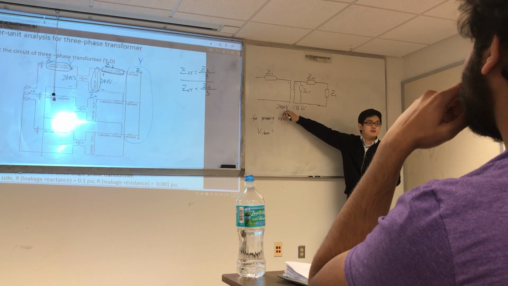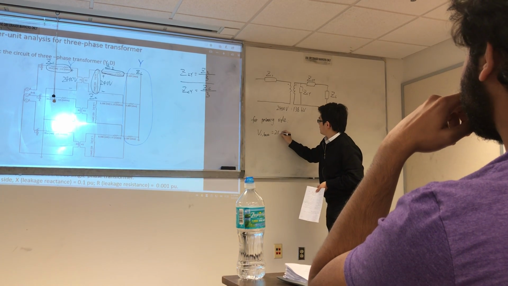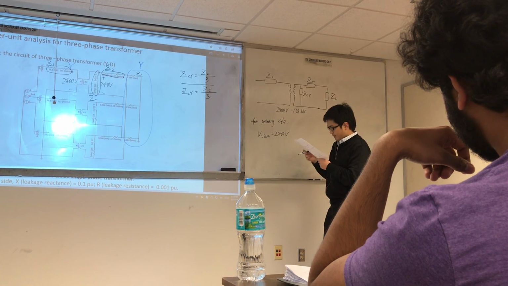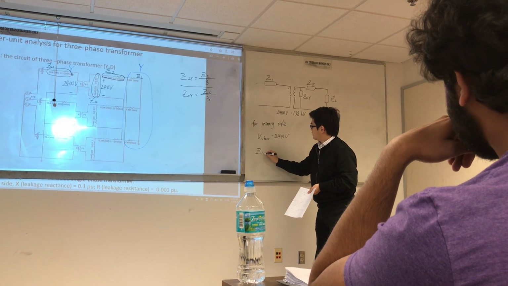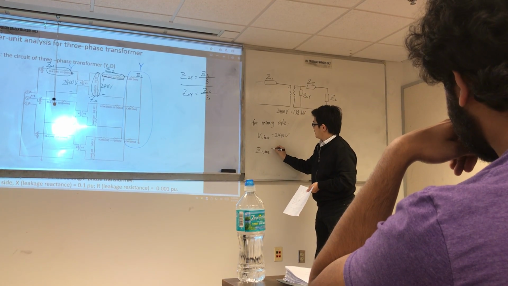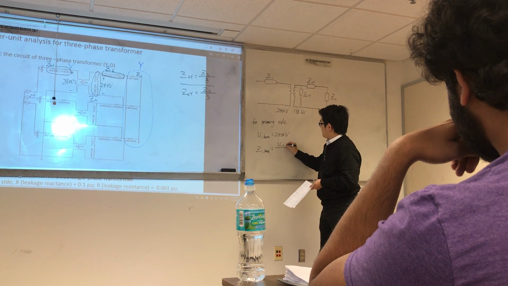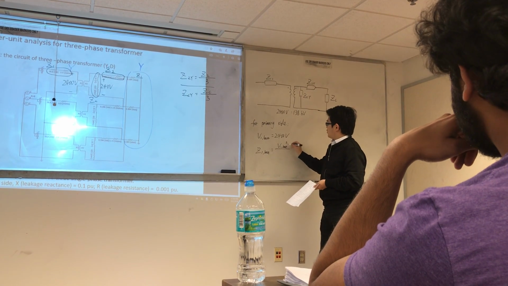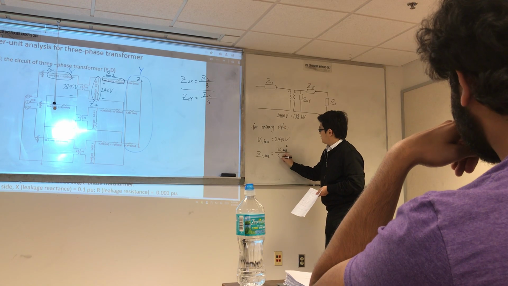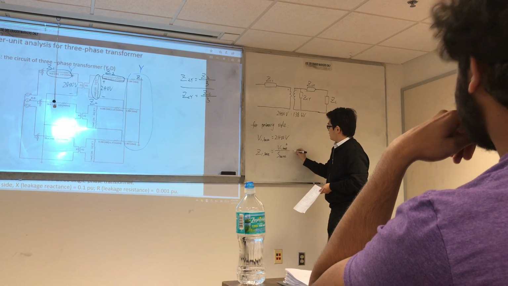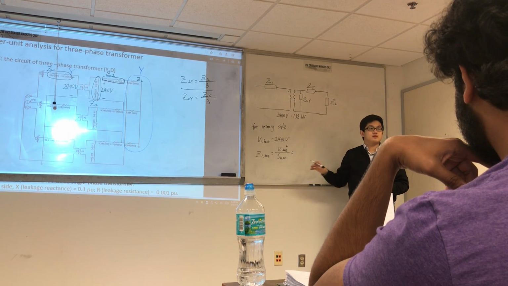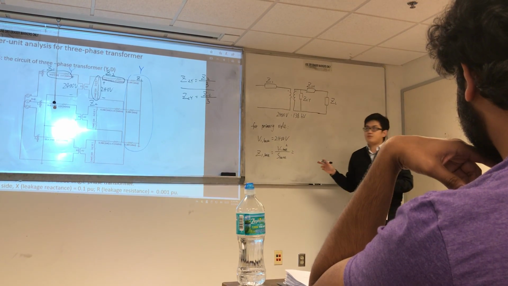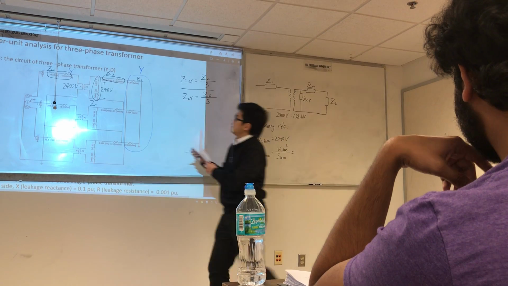It's here, 2,400 volts. So what's the Z base? Z base equals V1 base squared divided by S base. Okay, we know the V1 base, but we don't know S base. S base is provided in the question.